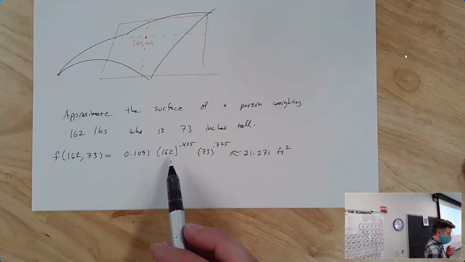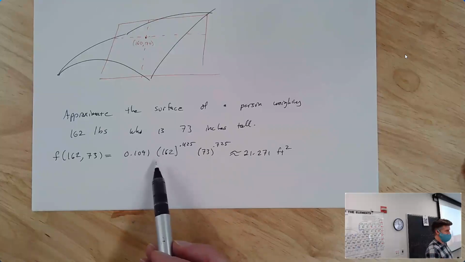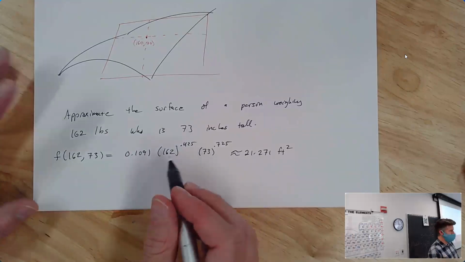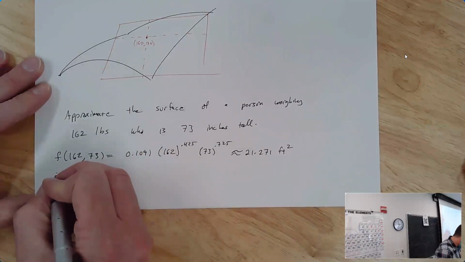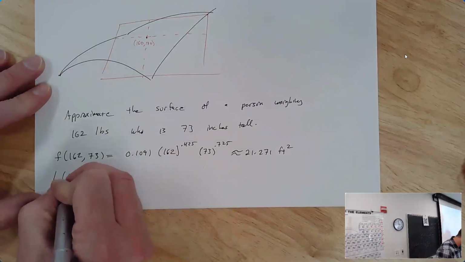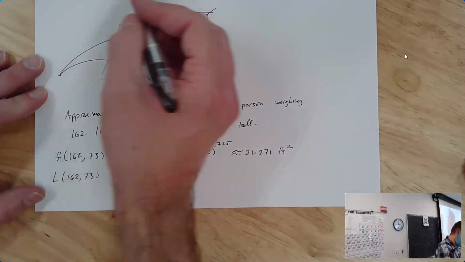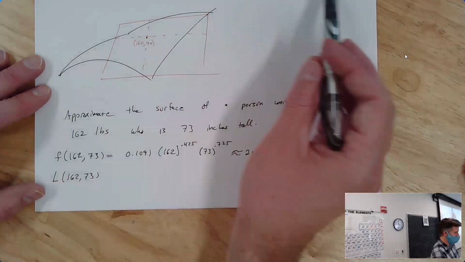But what I want to say is either way, you'd have to use a calculator to do this. There's no way you're calculating this without a calculator, unless you've got the most amazing brain I've ever seen. But what we're doing is the linearization. So we're throwing these numbers into this equation, which you could maybe do without a calculator.